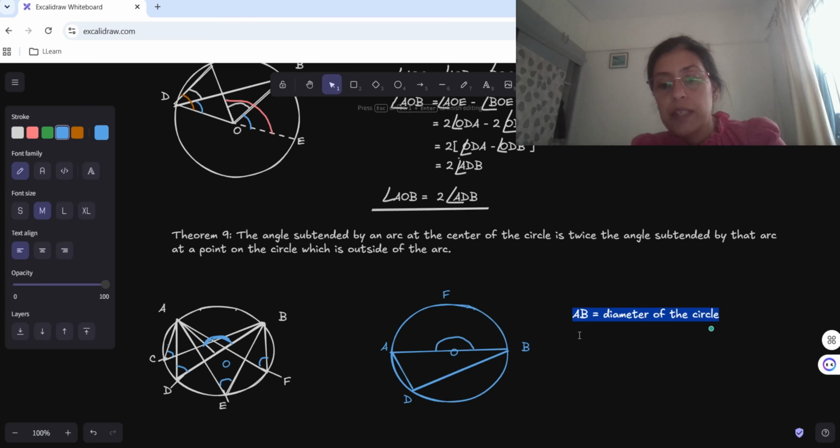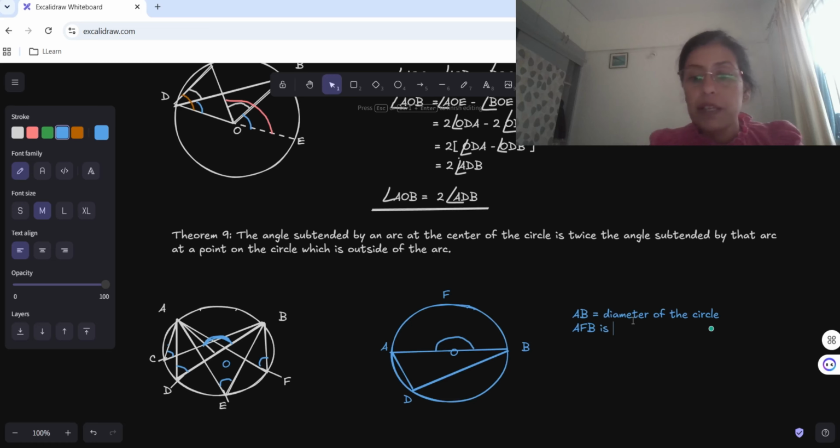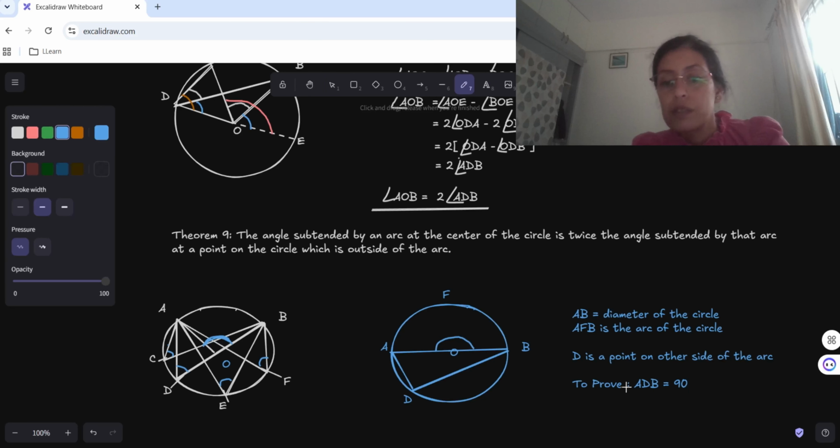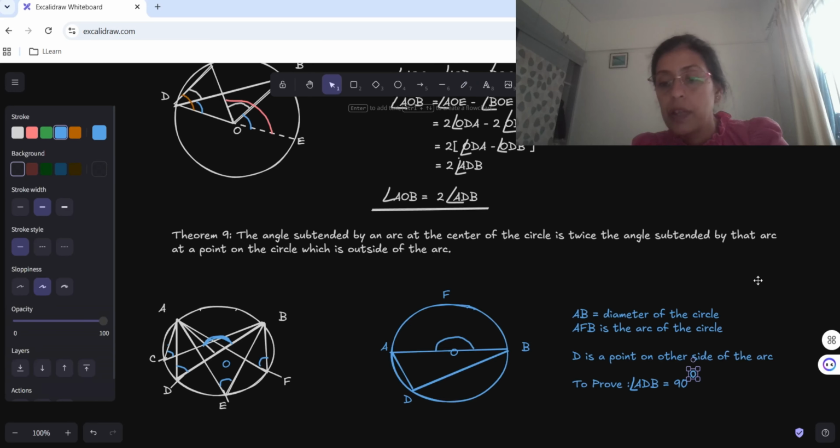So AB is the diameter of the circle, AFB is the arc of the circle, D is a point on the other side of the arc. Okay, so what we need to prove is ADB is equal to 90 degrees.